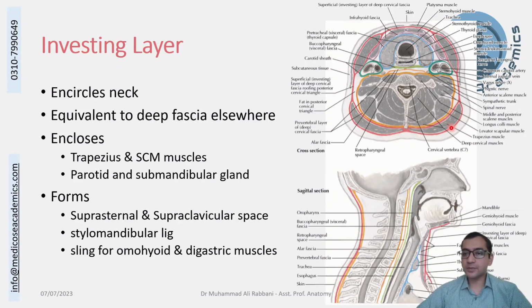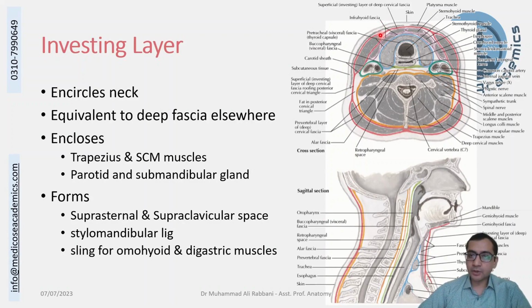These are the exact two muscles that are supplied by the spinal root of accessory nerve, sternocleidomastoid and trapezius. So these muscles are not present inside or outside the fascia. These are embedded within it.